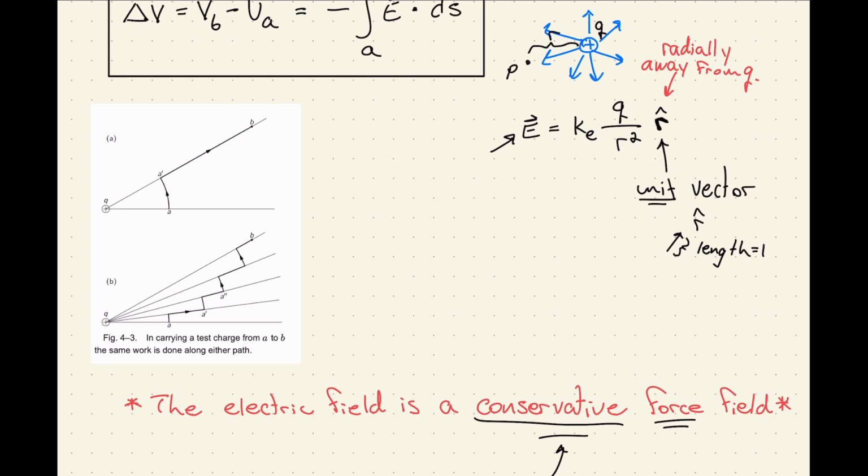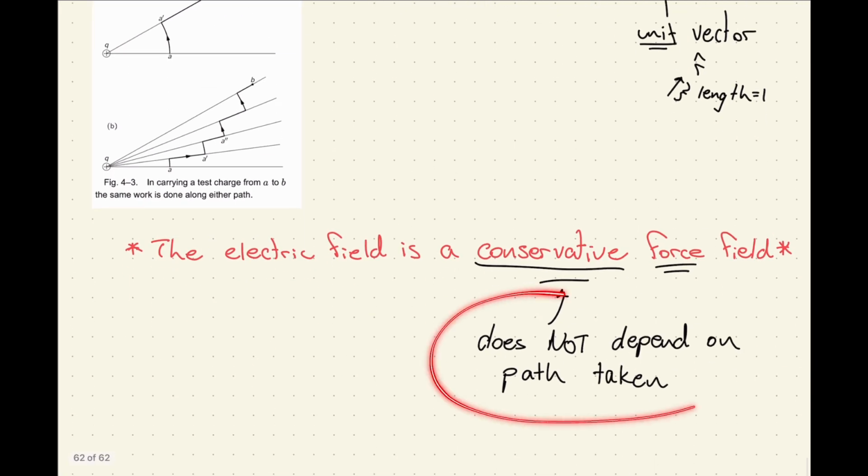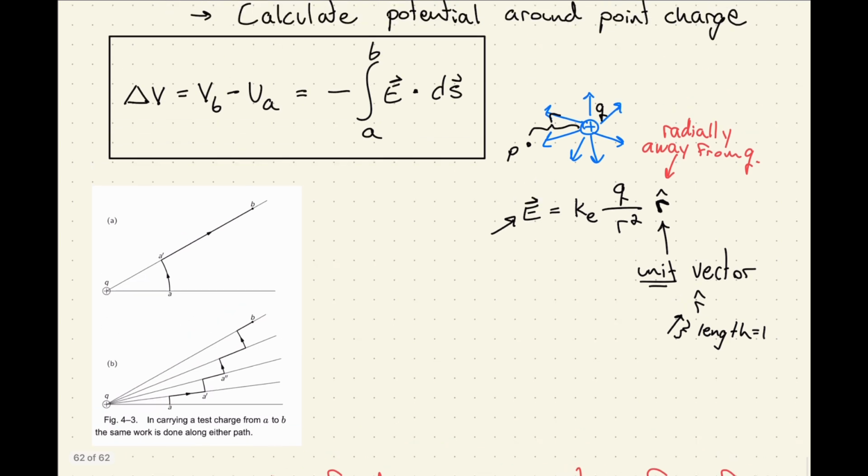So what that means is the electric field at this point will be Q over A squared, because A is the radius over here. So what that means is this field here, the electric field is a constant. It is one number. It doesn't change along this path here. And that might lead to the reason why the electric field is a conservative force field.